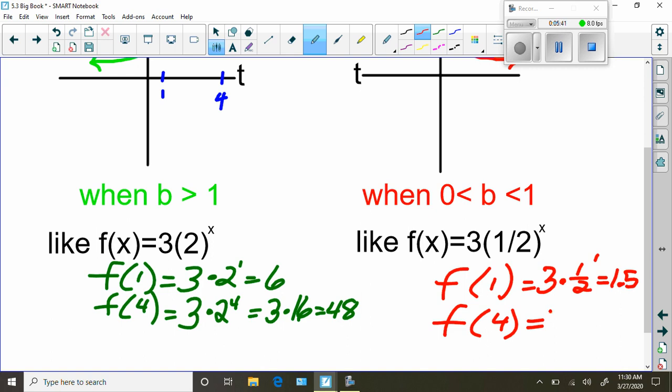So this would be 3 times 1/2 to the fourth. Well, that would be 3 over, what did we say 2 times 2 times 2 times 2 was? Oh, yeah, 16. It'd be 3/16, which is something like 0.2, maybe? 0.19? Gonna have to check that out. I'm gonna guess 0.19.